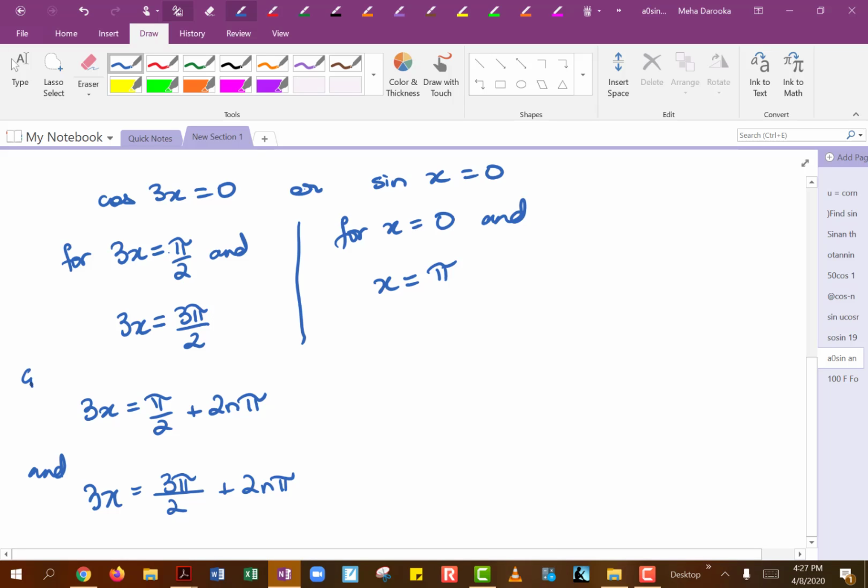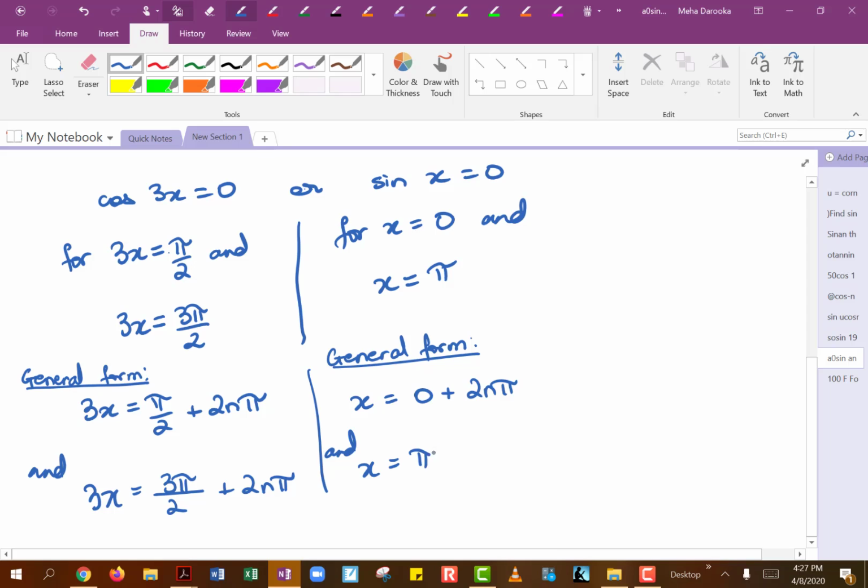This is our general form. Same thing over here for the general form coming from the sine function: x equals 0 plus 2n pi, and x equals pi plus 2n pi.